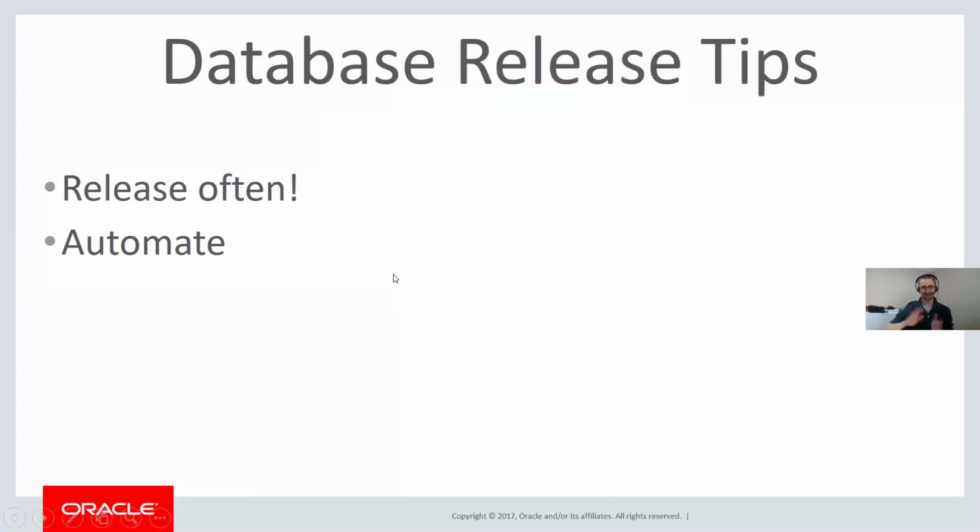Build it up, get more confidence in your process, and when you've got to the point where you've done several releases, even some that have failed that you had to roll back and handle in a completely scripted way, then you can get to the point where you can just schedule these to happen at a particular time, and you just have people on call should something go wrong. So look to automate your releases as much as possible.